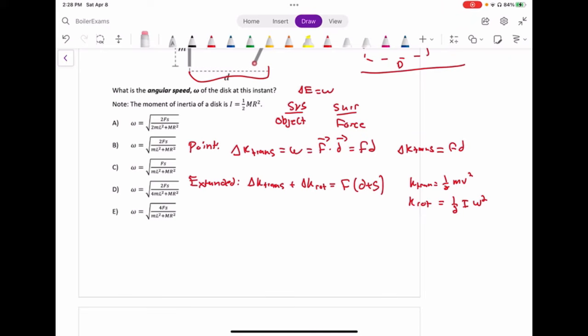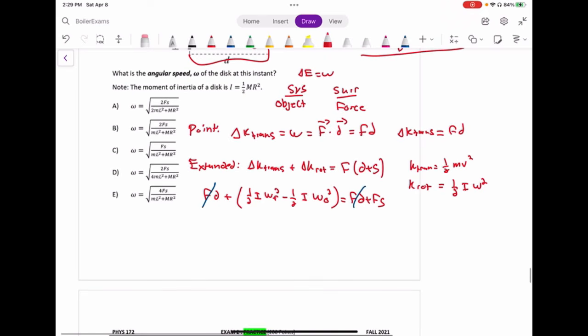Okay. Change. Oh, we know what delta k trans is. We know it's FD plus, okay, let's say this now, half I omega final squared minus half I omega naught squared equals FD plus FS. FD's on both sides, cancels out. Okay.